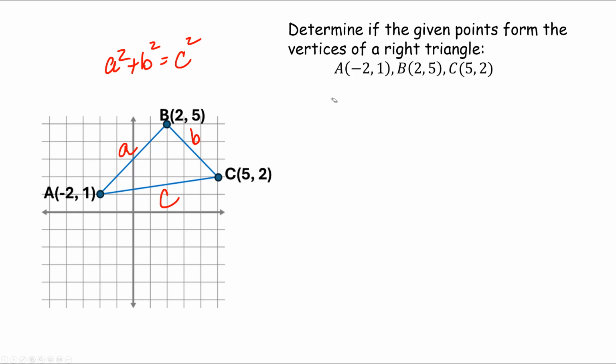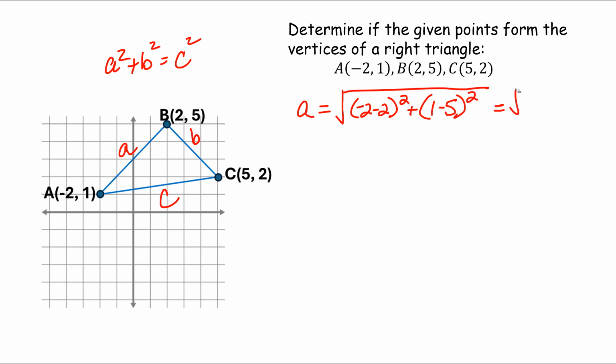So we'll find the distance between A and B, and that'll give us little a. So the square root of (-2 minus 2) quantity squared, plus the difference in the y's, (1 minus 5) quantity squared, is the square root of 16 plus 16, which is the square root of 32.